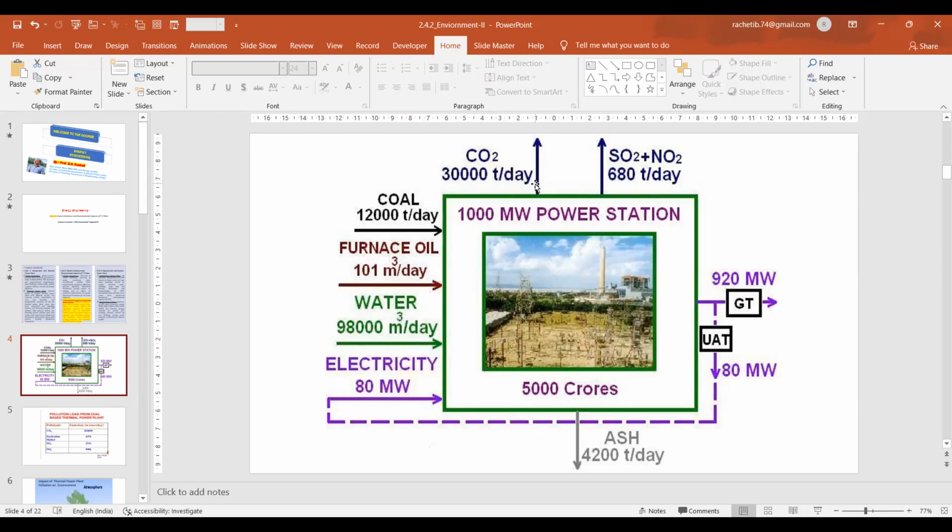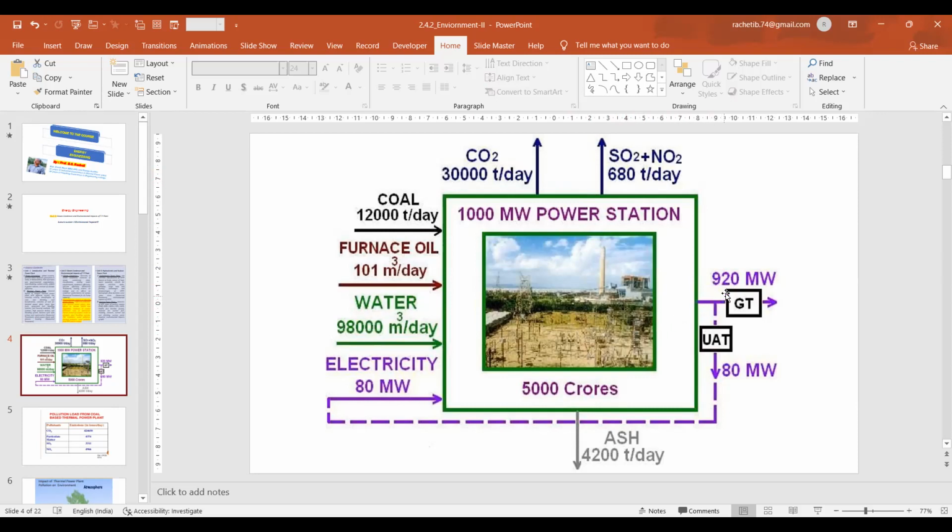Then the emissions: carbon dioxide is 30,000 tons per day from a thermal power plant of a capacity 1000 megawatt. Suppose 250 into 4 megawatts also you can say, or 500 into 2 megawatt power stations. Then the SOx and NOx components are 680 tons per day emitted into the atmosphere.